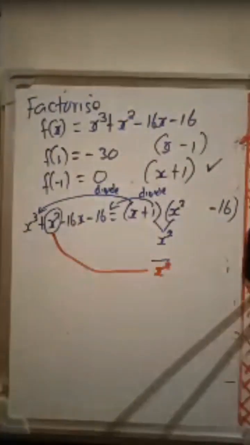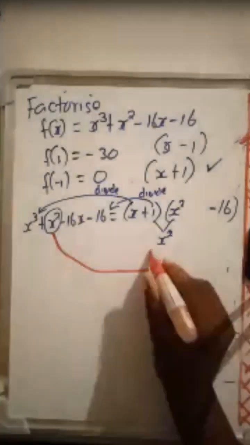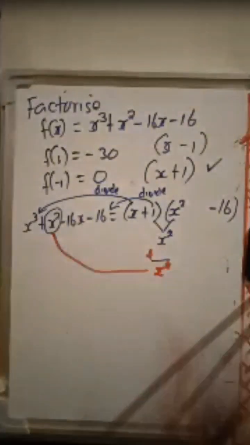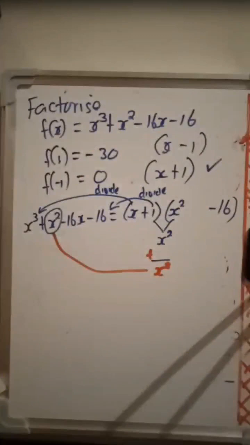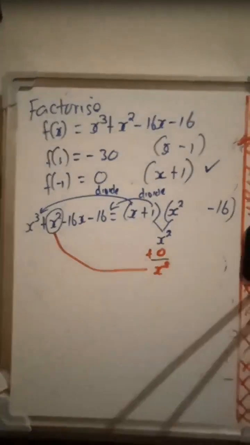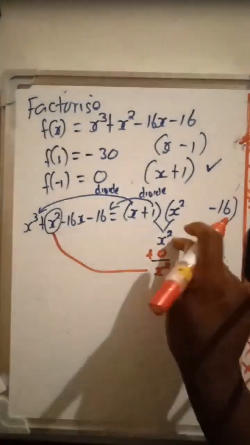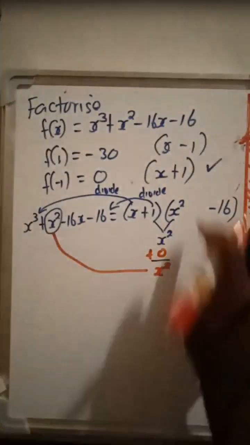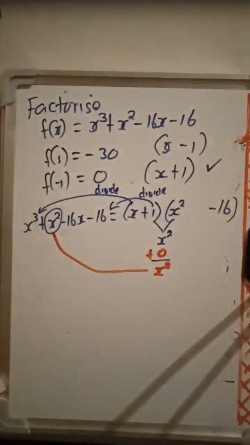Did you see it? So what do we need to add to x squared in order to get x squared? We need to add 0, isn't it? X squared minus x squared is 0. So it means also here there's 0. You get that?